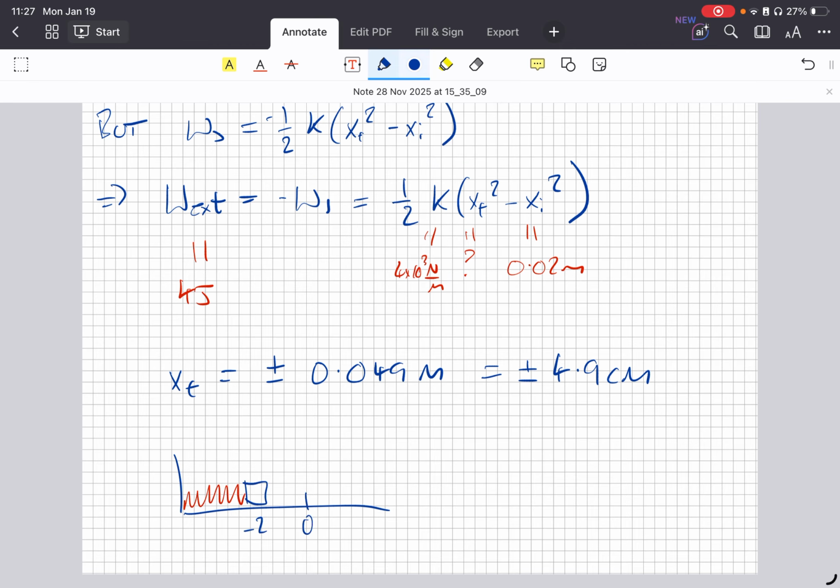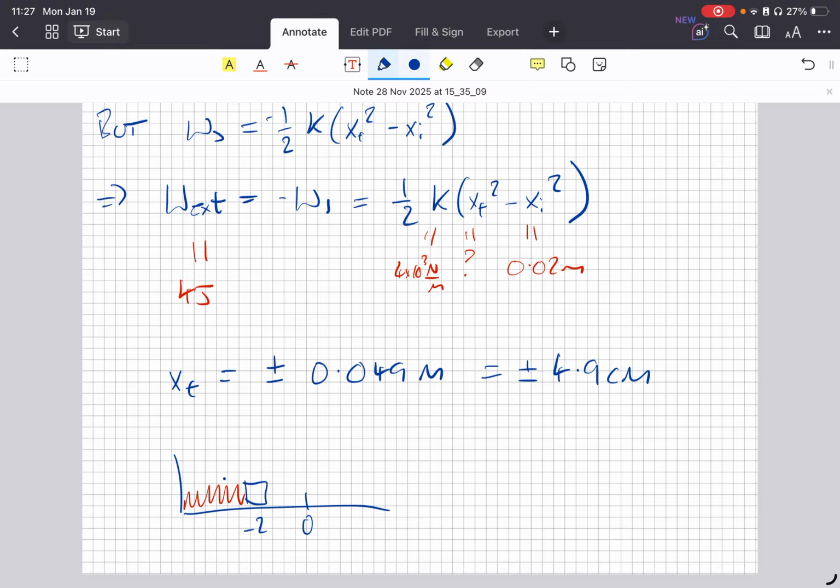Here's our equilibrium position at 0. And what this answer is telling us is that there are 2 possible ways that we can do 4 joules of work on the system and still end up with the correct work balancing out as we had it.